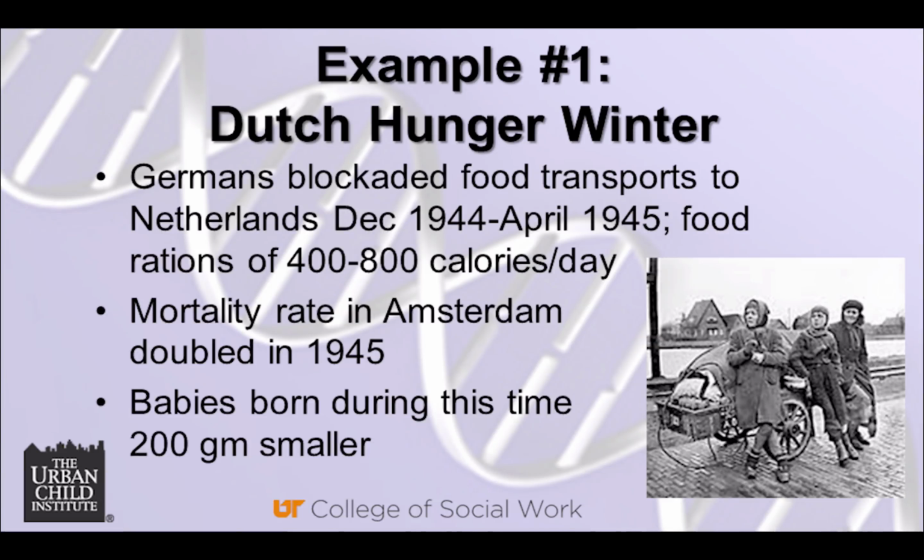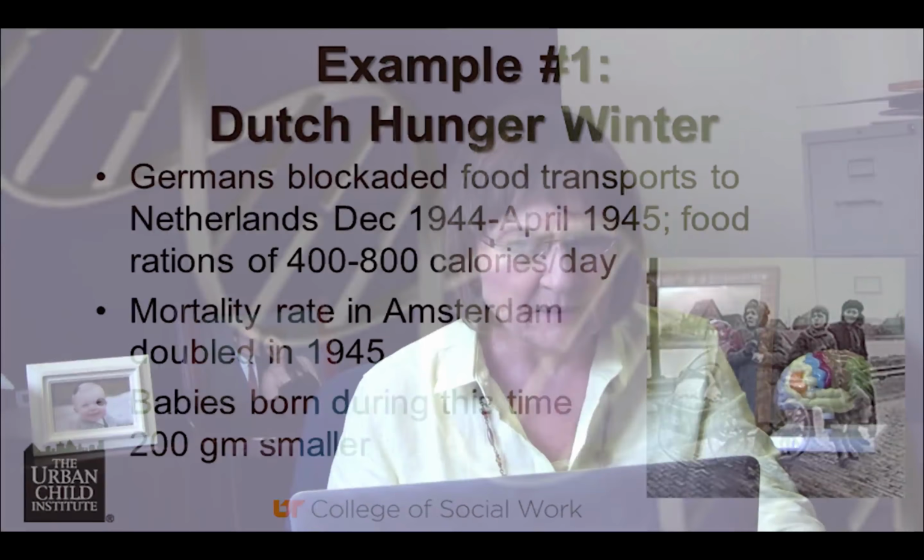So there was basically starvation throughout the country. The mortality rate in Amsterdam, for example, doubled in 1945. Babies born during this time were very much smaller than they normally are. And that's not terribly surprising because the mother doesn't have enough nutrition if she's not eating enough. But it had more effects that were long-lasting.